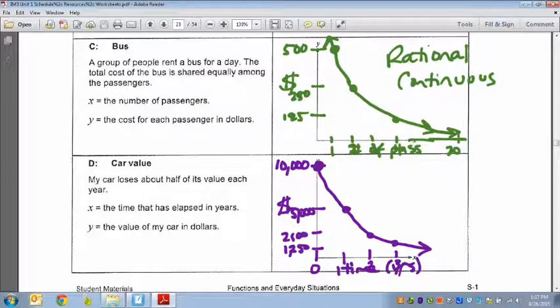So it actually started on the y-axis. But just like the bus, if I keep going, if my car keeps being cut in half of its value, my car will still be worth something. It won't be worth very much, but it will. If I keep cutting it in half, it will still always be above zero. It will never touch zero.